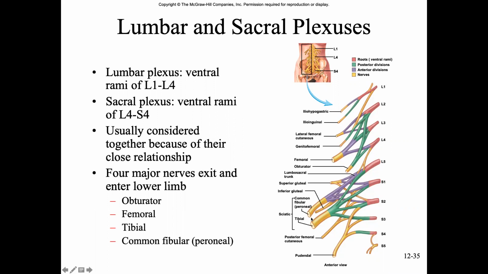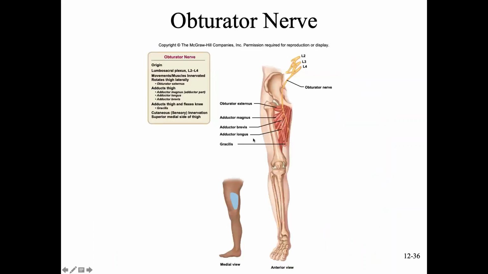In certain books, the sciatic is just a combination of those two. Sometimes the book, even up here, just calls it common fibular and tibial. So just keep in mind that certain books and websites might be a little bit different when we talk about the sciatic nerve. All right, obturator nerve goes towards the medial part of our leg.